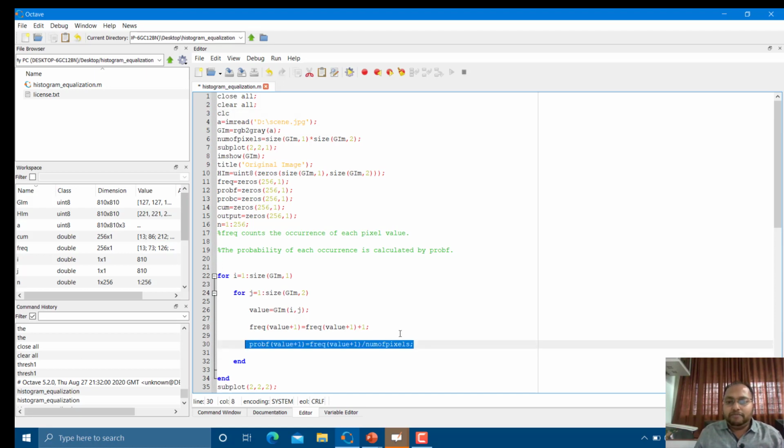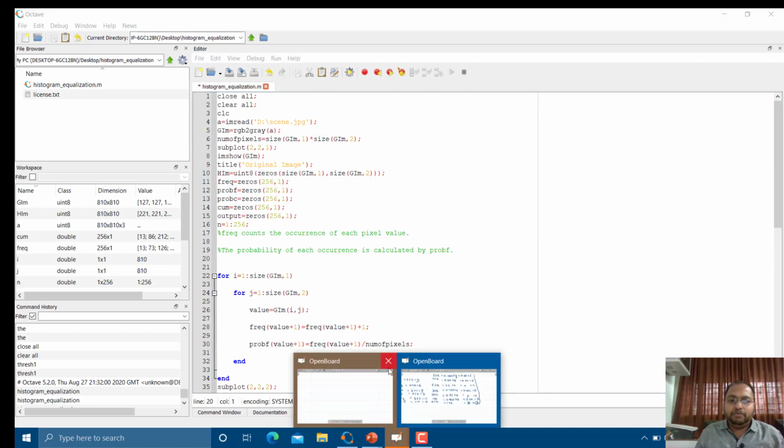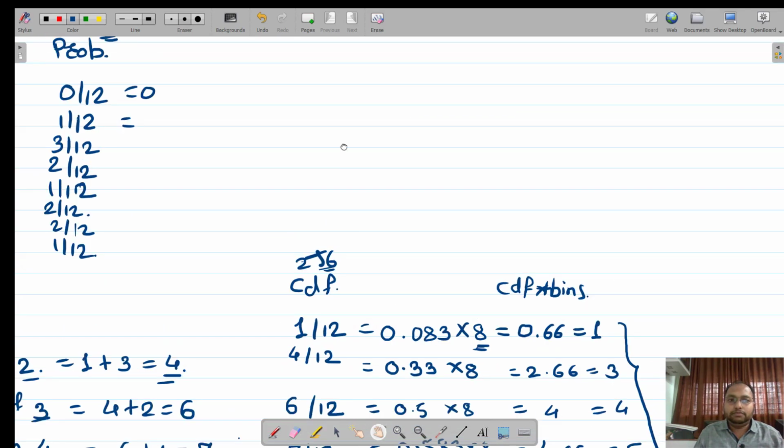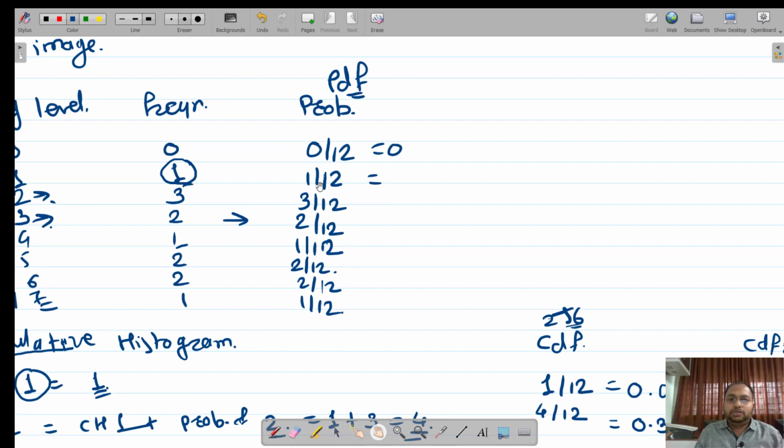Probability is nothing but frequency divided by number of pixels, as we have studied over here. Likewise we have found out that frequency.